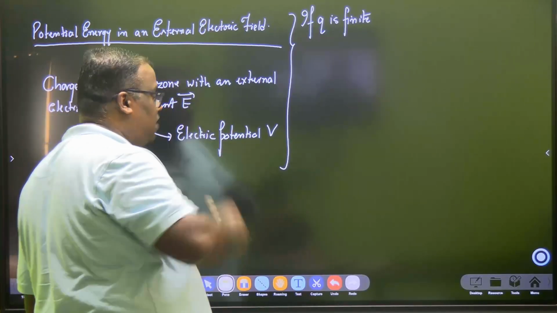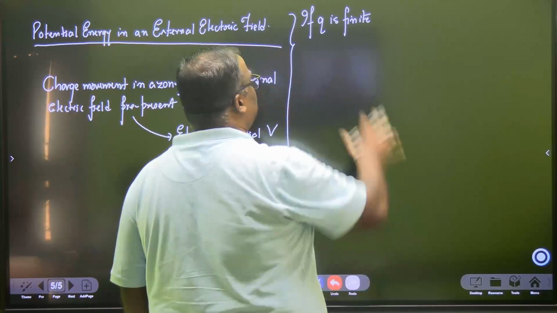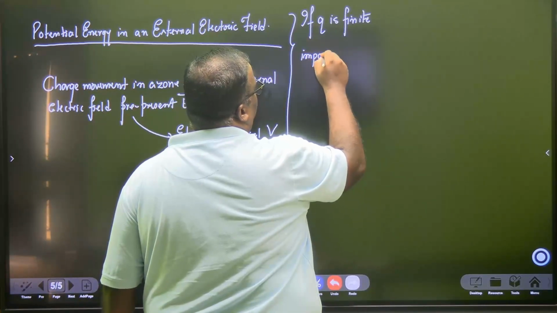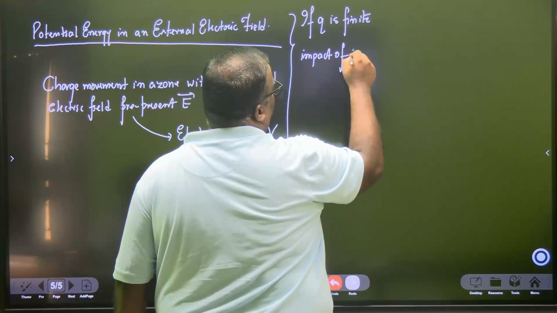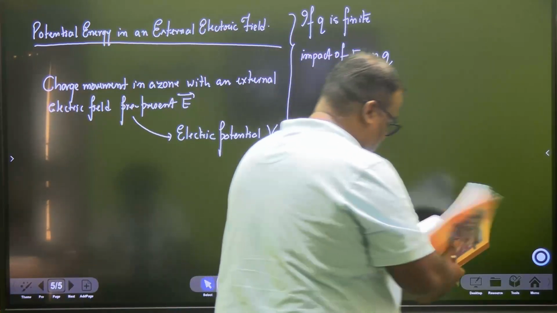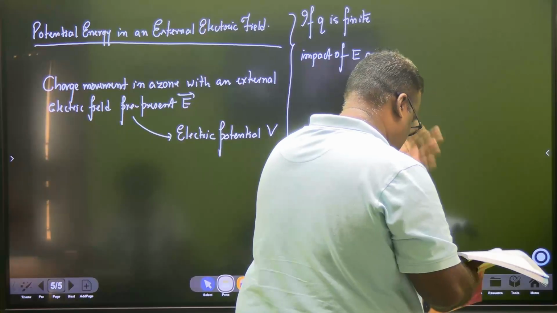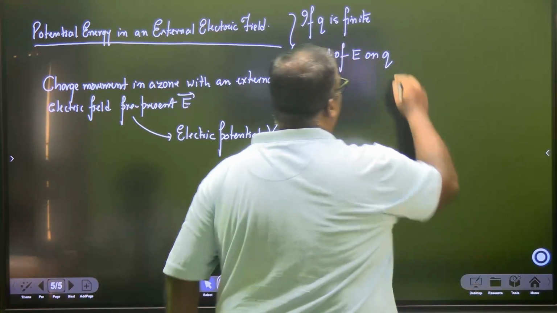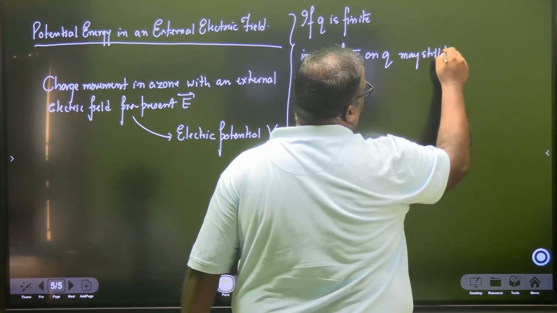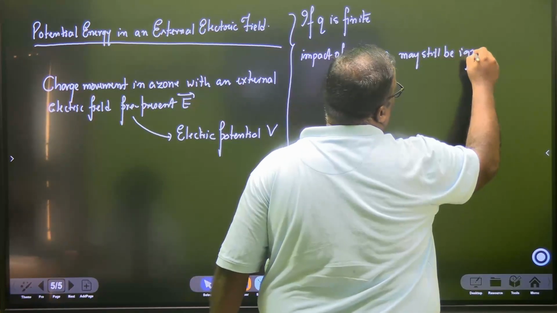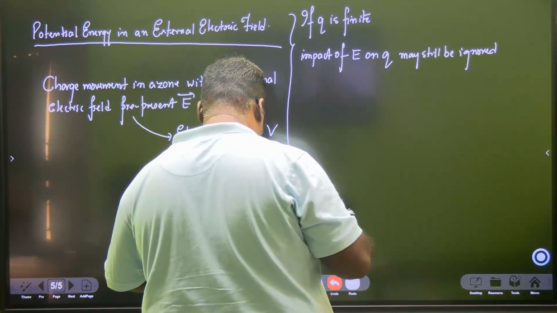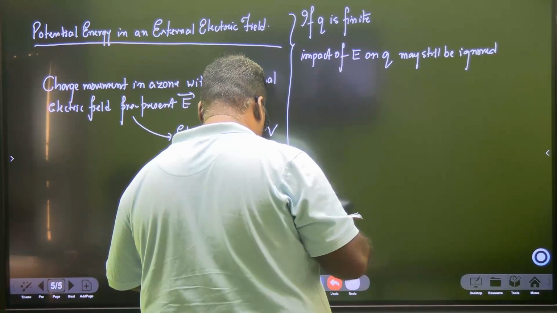So what this tries to mean is that if Q is finite, the impact of Q on the external sources may still be ignored, where the sources are very strong.